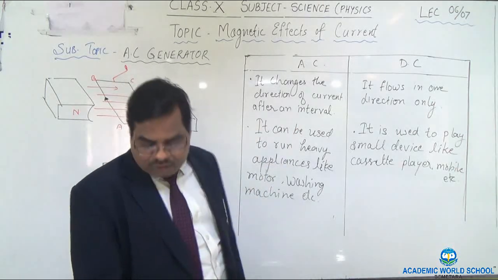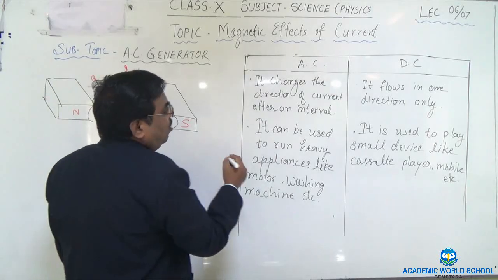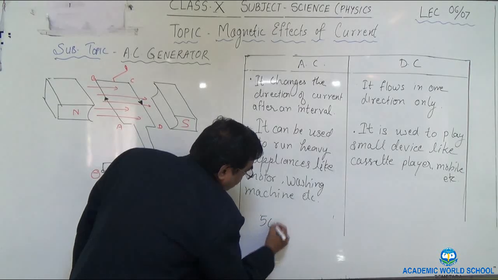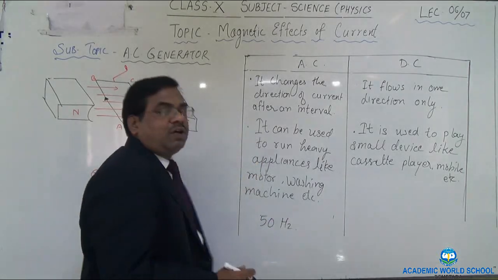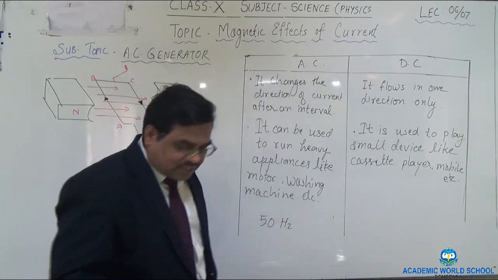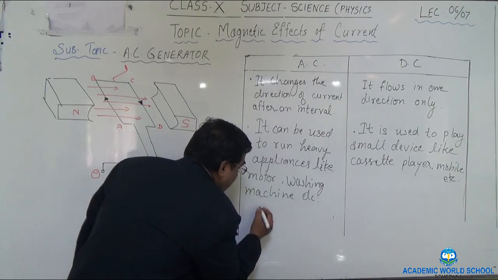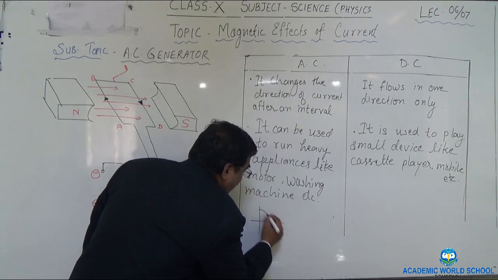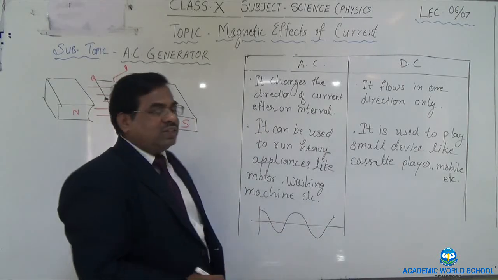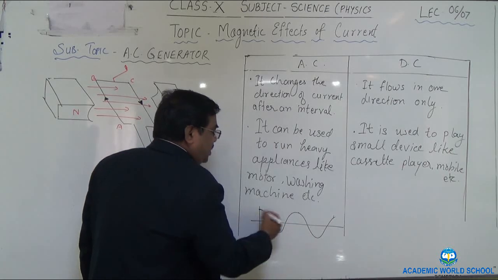In India, the direction of current changes at a rate of 50 Hertz. What is the meaning of this 50 Hertz? It means there will be 50 cycles in 1 second. And let me explain what a cycle is. This kind of wave will be called one cycle. So from here, it comes here. It is one cycle.